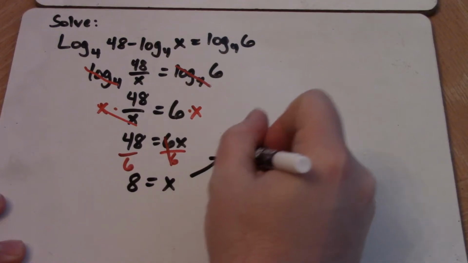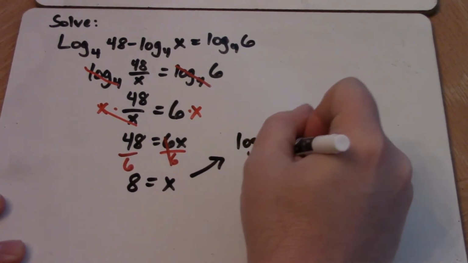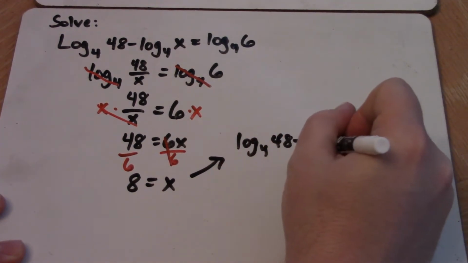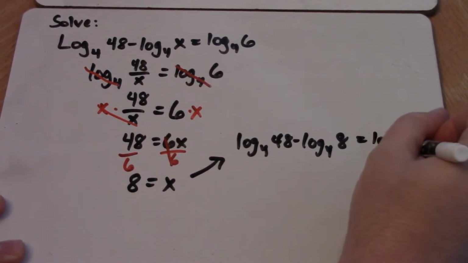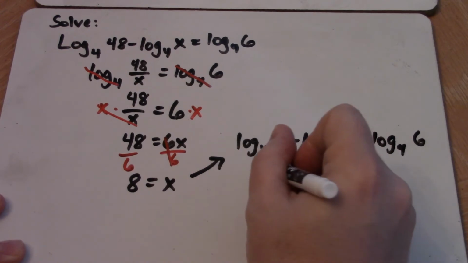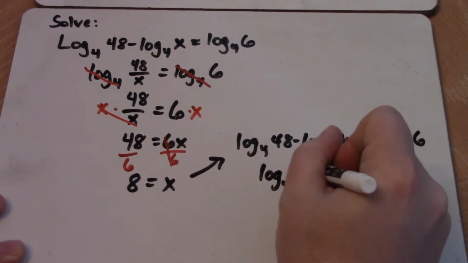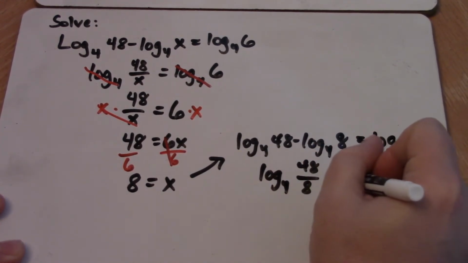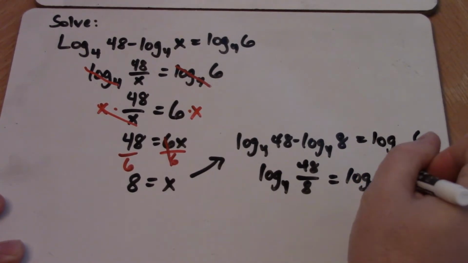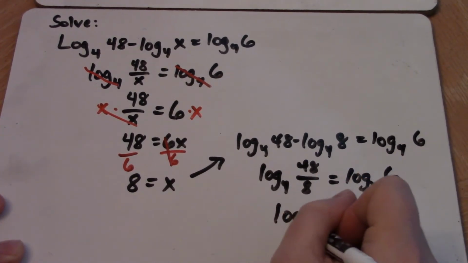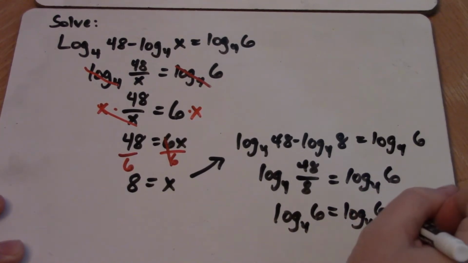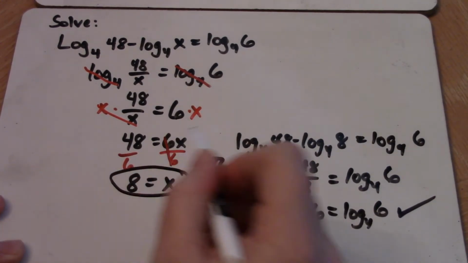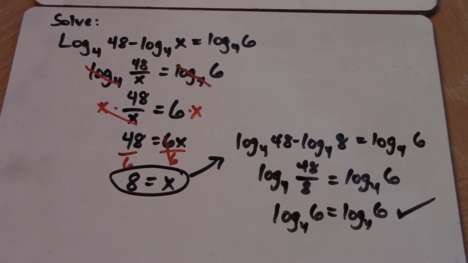We do need to check that value, so just real quickly we plug that back in and make sure that everything is going to work in that equation. Quotient rule allows us to combine the left side into 48 divided by 8, which means both sides of that equation are equivalent to log base 4 of 6, which means that is a true statement, and x equals 8 is our solution.